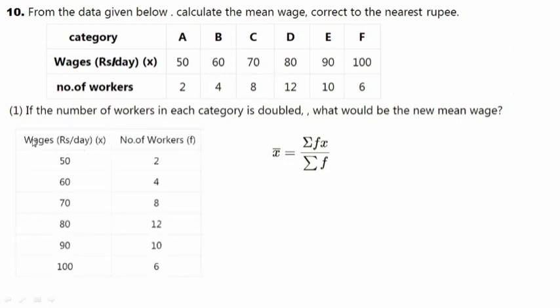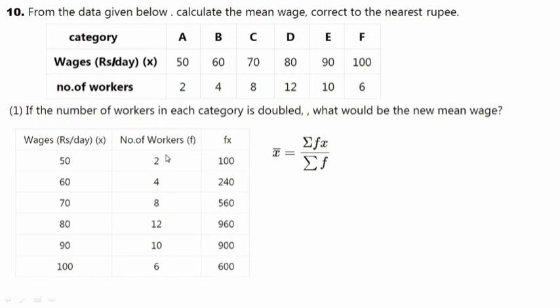First we'll write x, and after that we'll write f. So x are the wages and f represents the number of workers. Now fx means what? Fx means product of f and x. So we'll put one more column where I'll write fx.